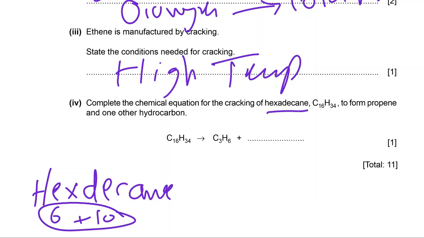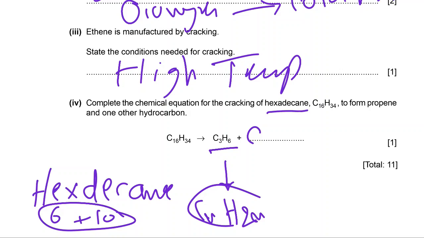This compound is cracked into two compounds, one of them an alkene, because C3H6 fits CnH2n, which is the formula for alkenes, and the remainder should be C13H28. Okay.